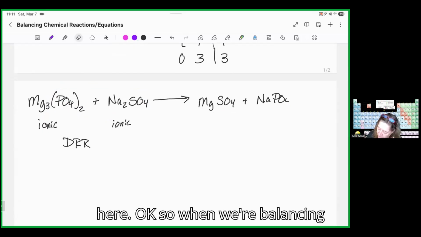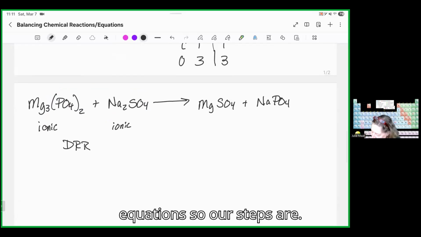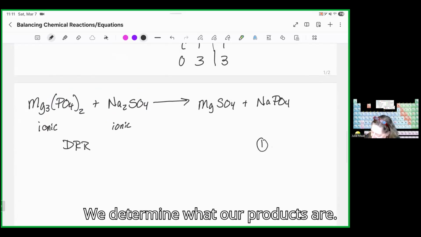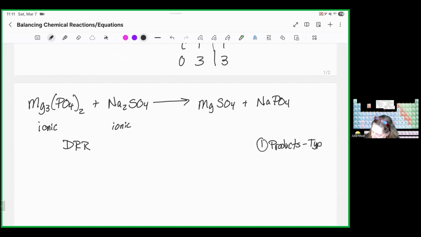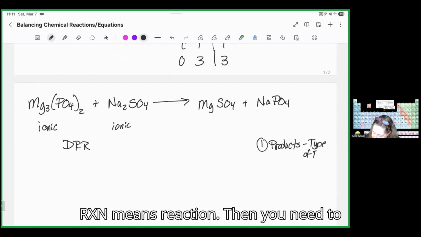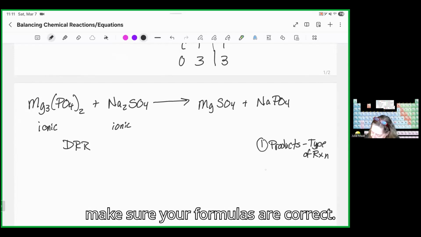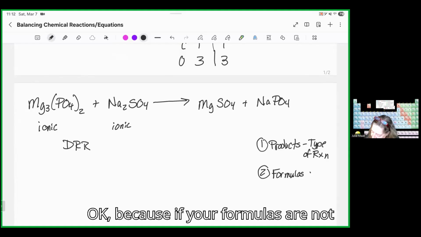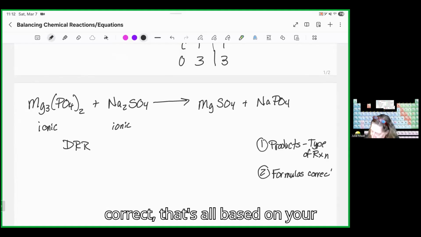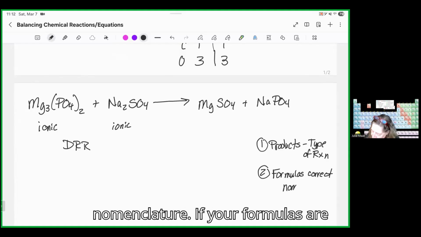Okay, so when we're balancing equations, our steps are, we determine what our products are, and that's based upon your type of reaction. Rxn means reaction. Then you need to make sure your formulas are correct, because that's all based on your nomenclature.